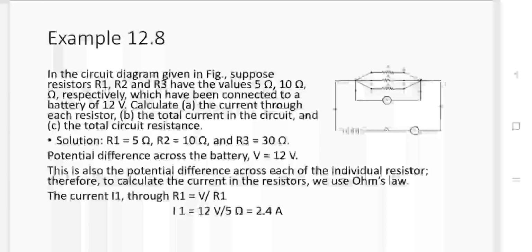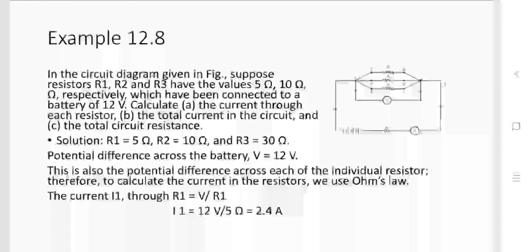Calculate the current through each resistance, the total current in the circuit and total circuit resistance. So three resistance values are given: 5 ohm, 10 ohm and 30 ohm. Battery voltage is given as 12 volt.